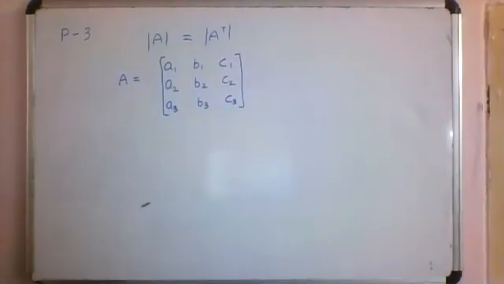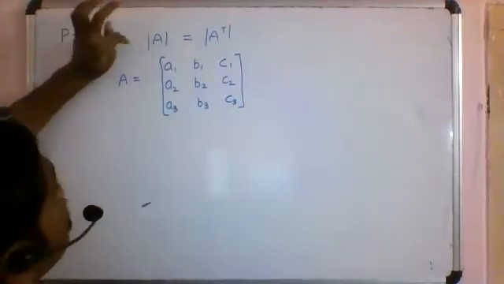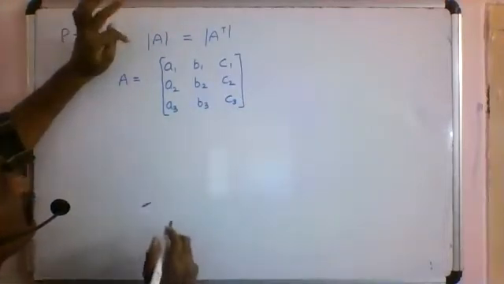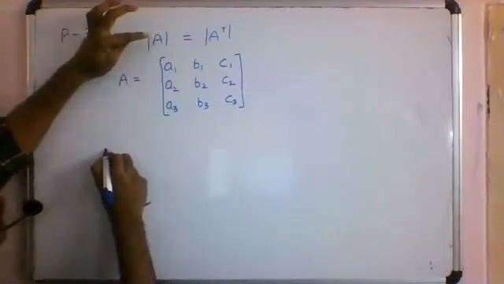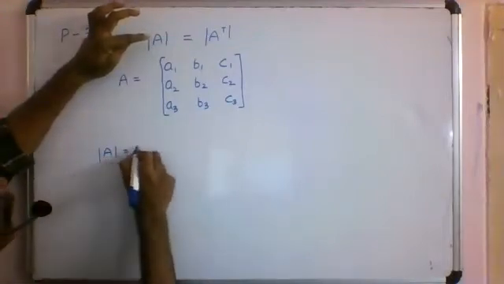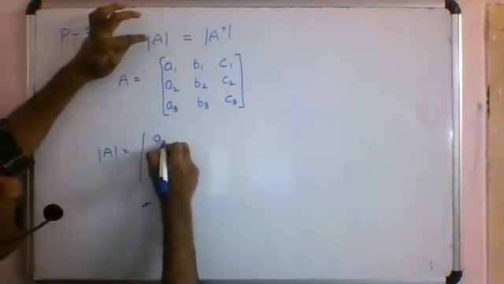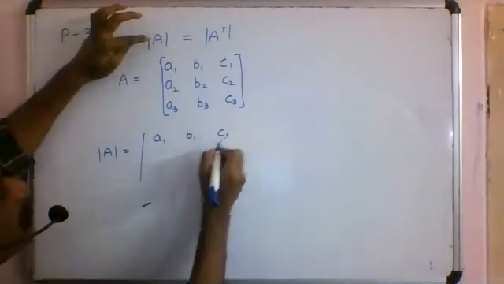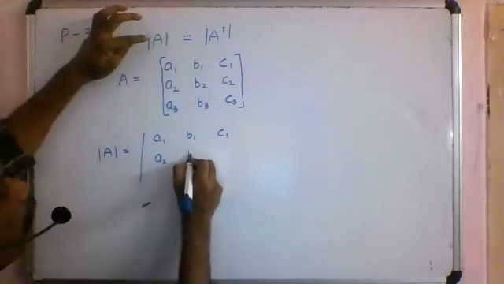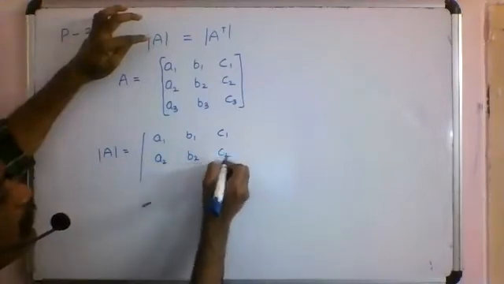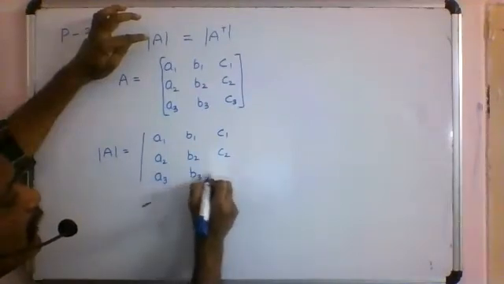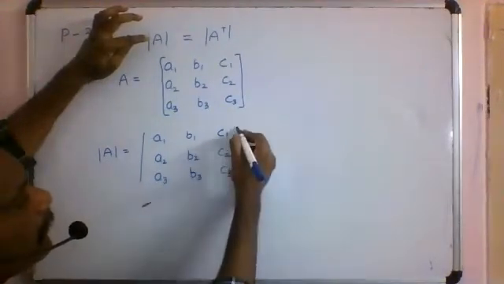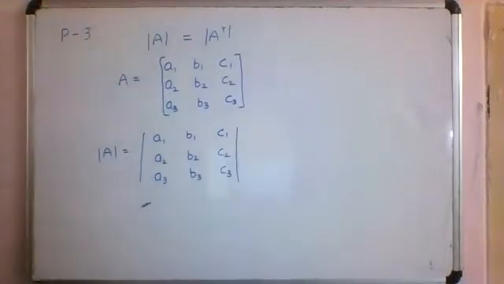And on the left hand side we have the transpose, no? So the determinant of A will be the determinant of this entire matrix A1, B1, C1, A2, B2, C2, A3, B3, C3. This is your LHS.